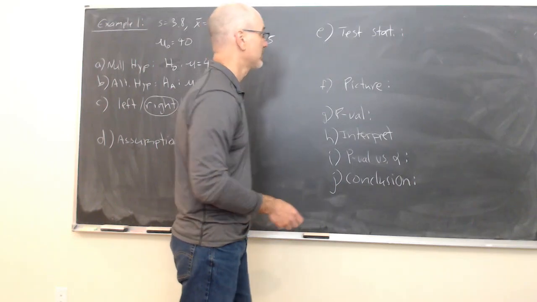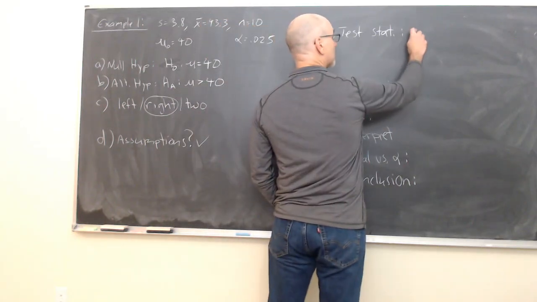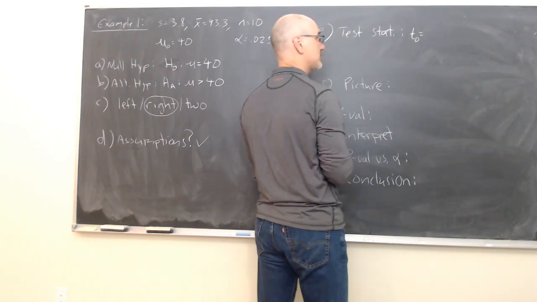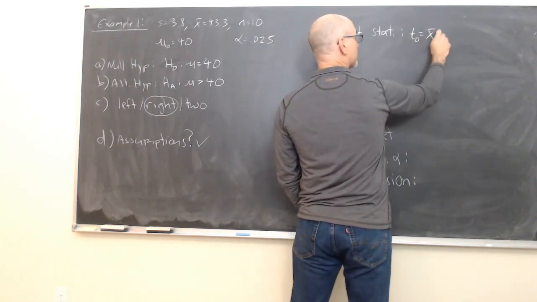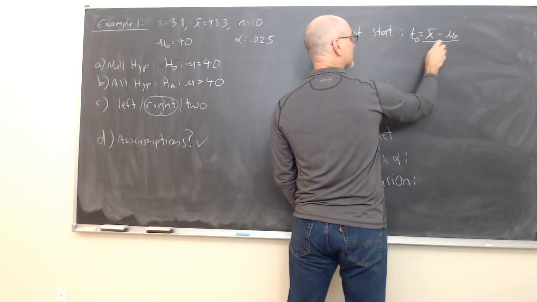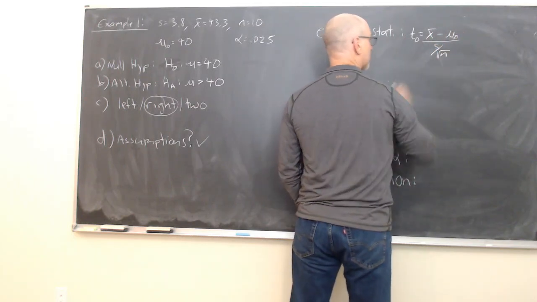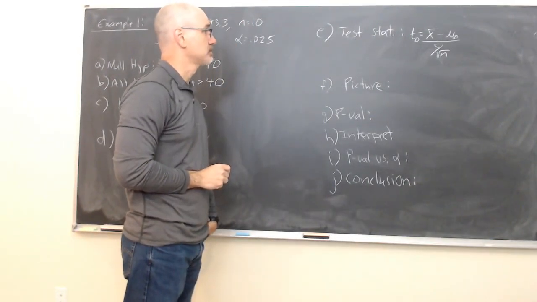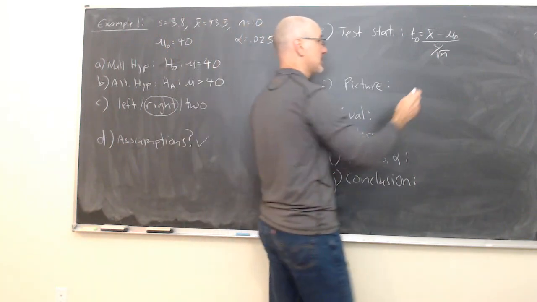Okay, so this is what we'll call T naught, because it's going to be based on a t distribution, and it's x bar minus the assumed mean over the standard error, or s divided by the square root of the sample size. So we have everything we need to fill this in.